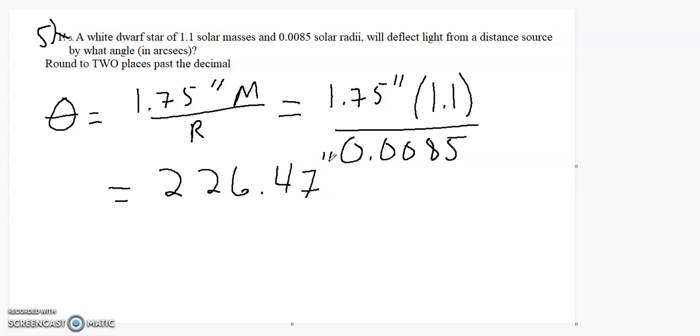Anyhow, you're just going to put the 226.47 in Blackboard. All right, so that's problem number 5.